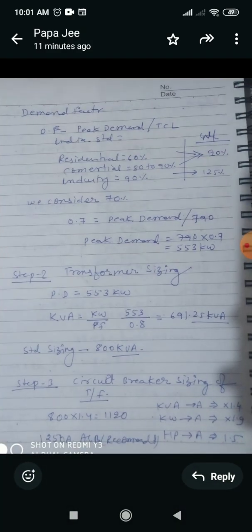After that you have to see which purpose you are using it for: residential, commercial or industrial, and then to get the peak demand, you have to multiply by the demand factor. After that you have to find the kVA, you have to divide the peak demand by the power factor, then you will get the standard size for the transformer. So these are the things required while doing the transformer selection.